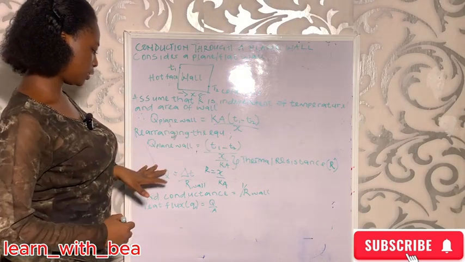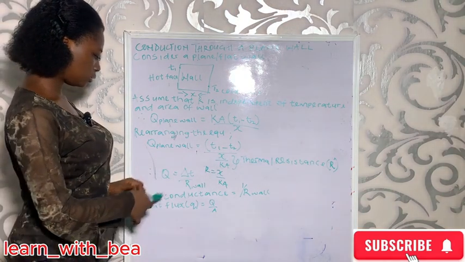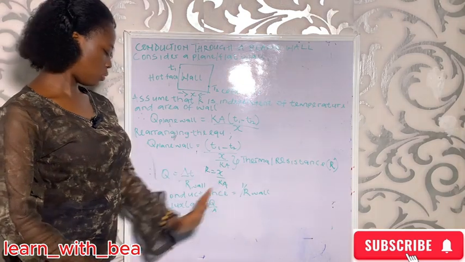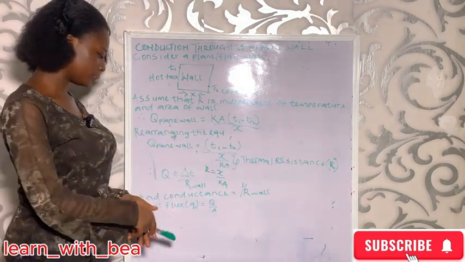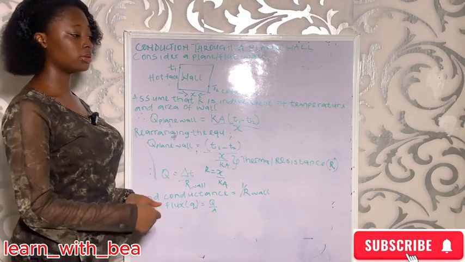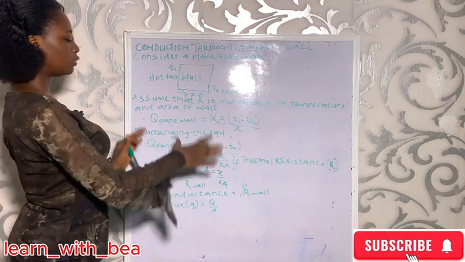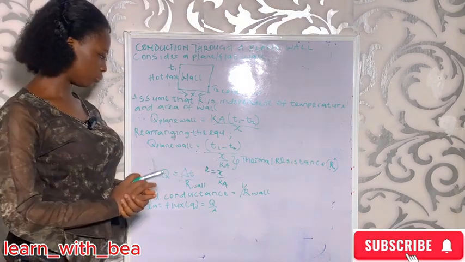Therefore, our Q is delta T divided by R of the wall, and conductance is 1 divided by R wall. The heat flux, as we mentioned earlier, is the rate per unit area, which is q. These are the formulas that we'll be using to calculate conduction through a plane wall.